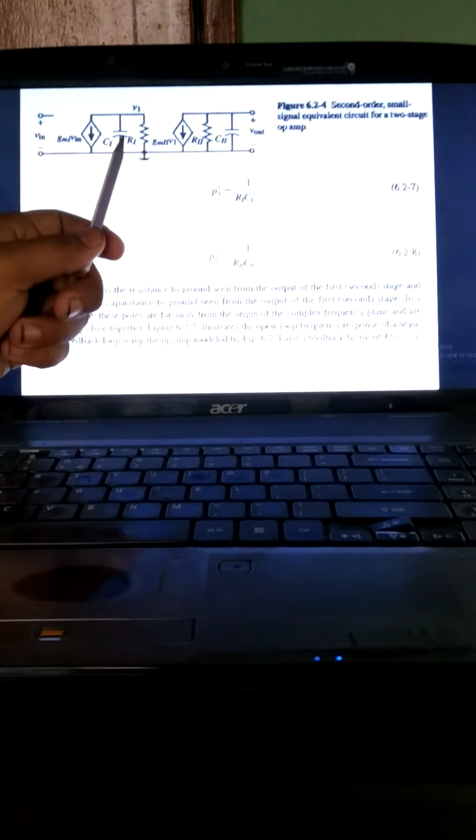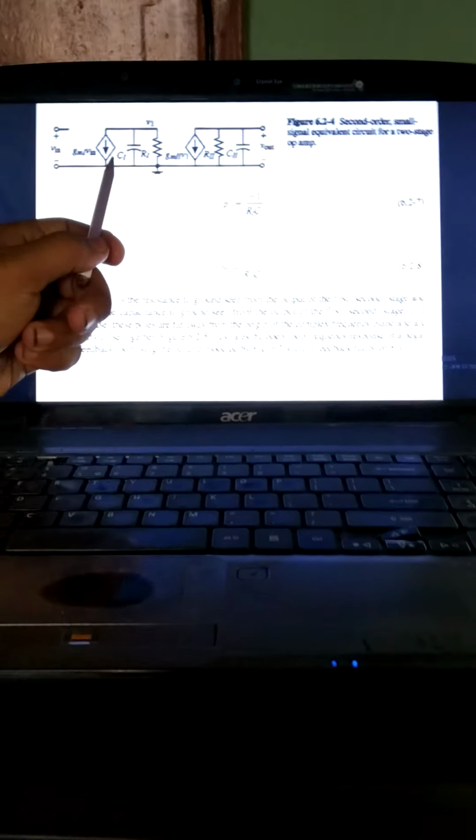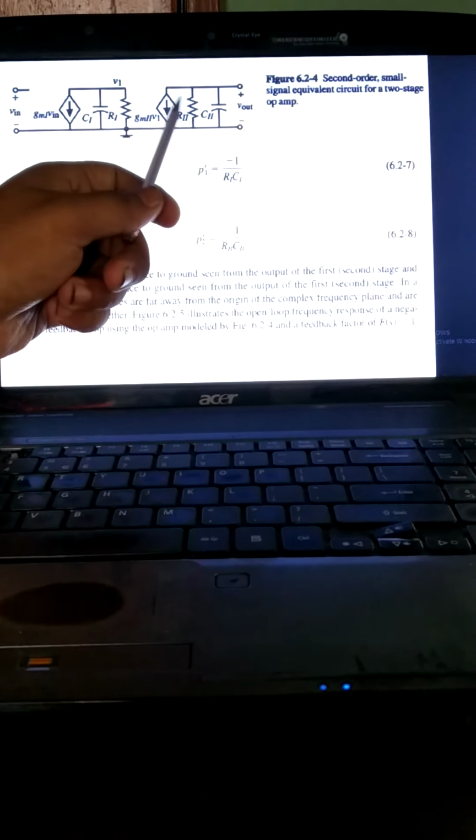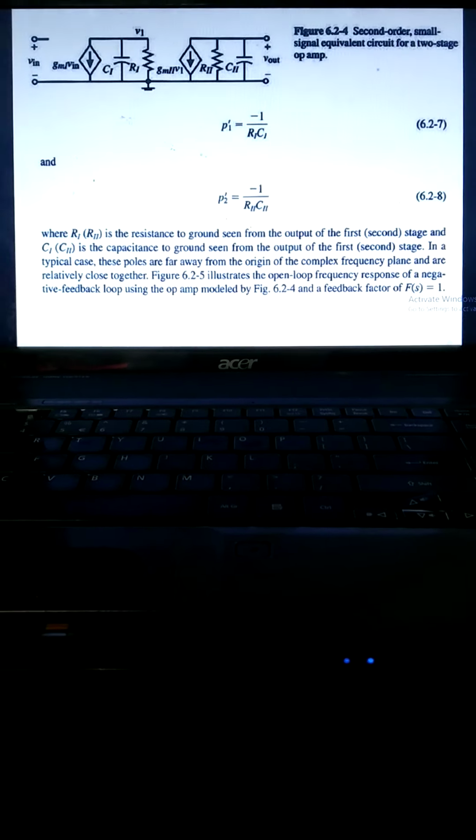C1 and R1 are the first stage overall capacitance and resistance, and C2 and R2 are the second stage overall capacitance and resistance. V in is the input voltage, V out is the output voltage, and V1 is the voltage transferred from the first stage to the second stage.